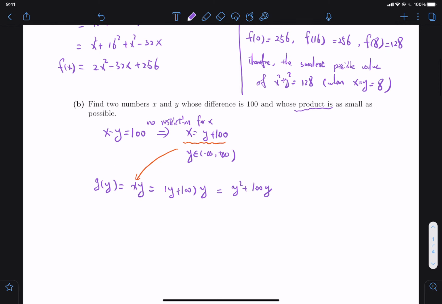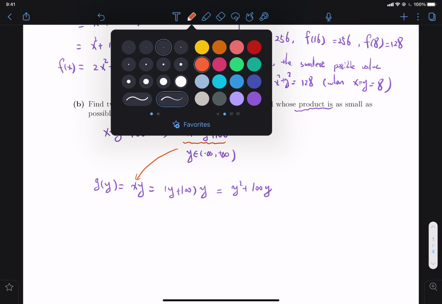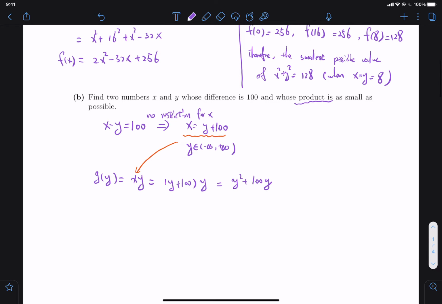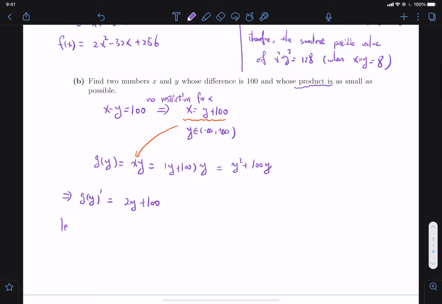That is our target function, and the range is from negative infinity to positive infinity. To consider its max and min, we take the derivative, which is 2y plus 100. We let the derivative equal 0, and 2y plus 100 equals 0 tells us that y is equal to negative 50.